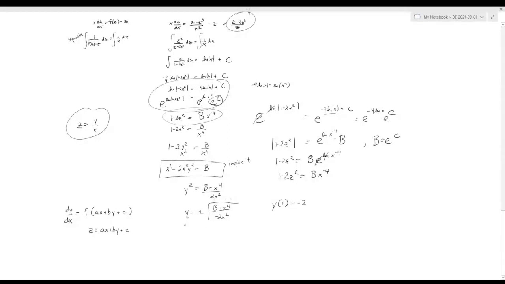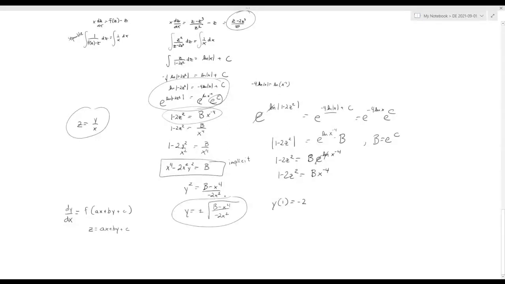Right now y is plus something or it's negative. But once you have an initial condition, it's one of the two, one or the other, but not both. So how do you determine whether you get plus or minus? Well, use the initial condition. So when x equals 1, y has to be equal to negative 2.